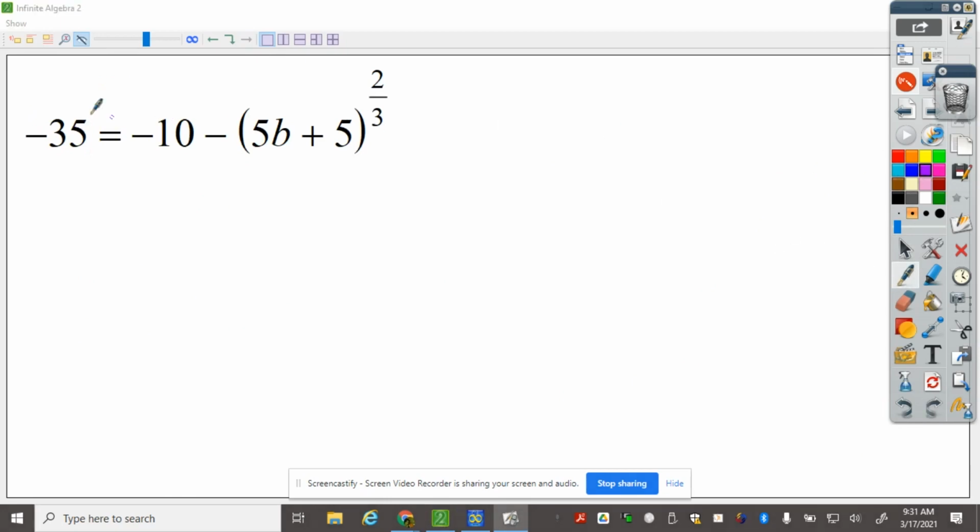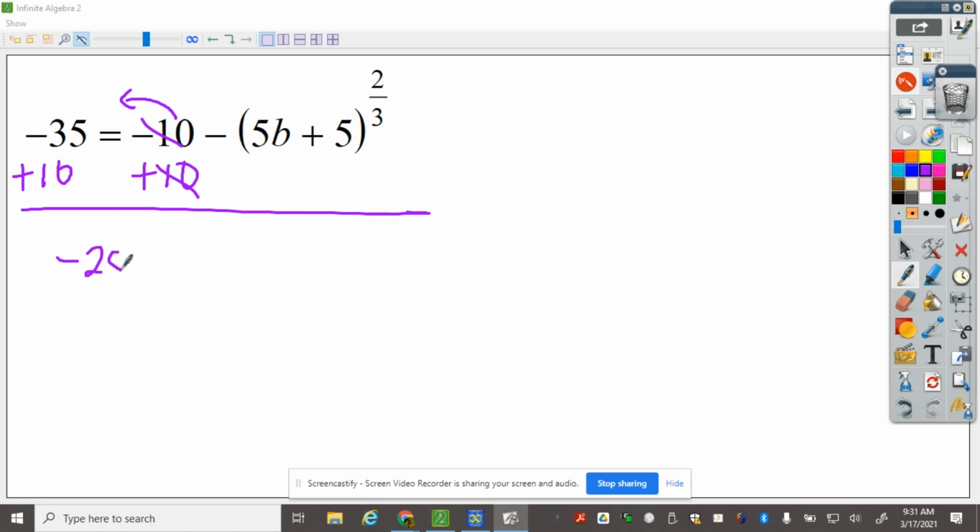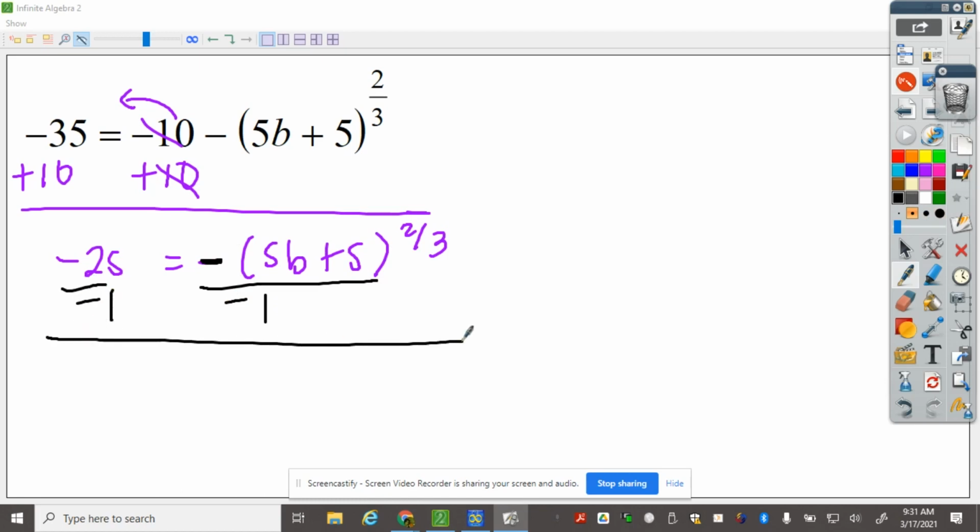Next, negative 35 equals negative 10 minus the quantity of 5b plus 5 raised to 2 thirds. I need to move the negative 10 to the left by adding 10 here, adding 10 here, cross it out. This will give me negative 25 is equal to negative the quantity 5b plus 5 raised to 2 thirds. I need to get rid of this negative here by dividing by negative 1, divided by negative 1.